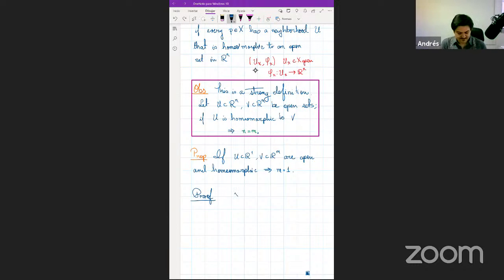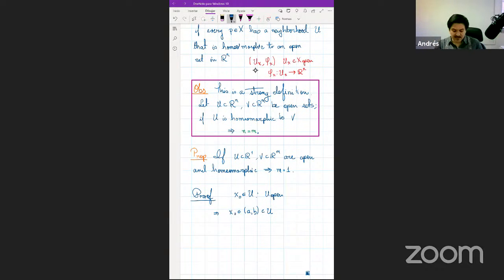Take a point in U. Because it's open, you can put there a small interval, right? Okay? Because U is open.